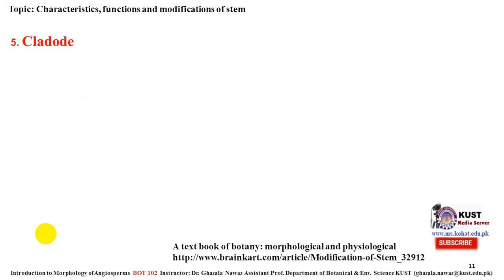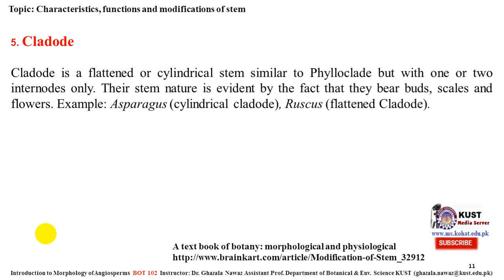We are moving towards the next type of aerial modification, the cladode. Cladode is another type of modification of aerial stem. It is always with limited growth and is a flattened or cylindrical stem, and it is more or less similar to the phylloclade.